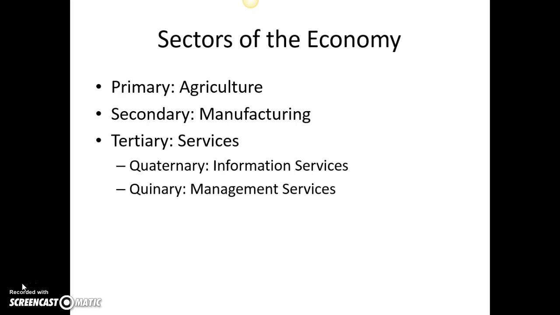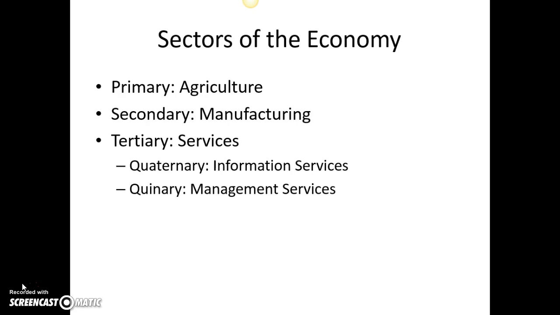Okay, in general, these are not things that make a super ton of money. Secondary, these are manufacturing industries. And manufacturing is really taking those primary economic outputs and turning them into the stuff that you and I know and love. So whether it's the Fruit Loops or the clothes that we wear, that's all manufacturing.